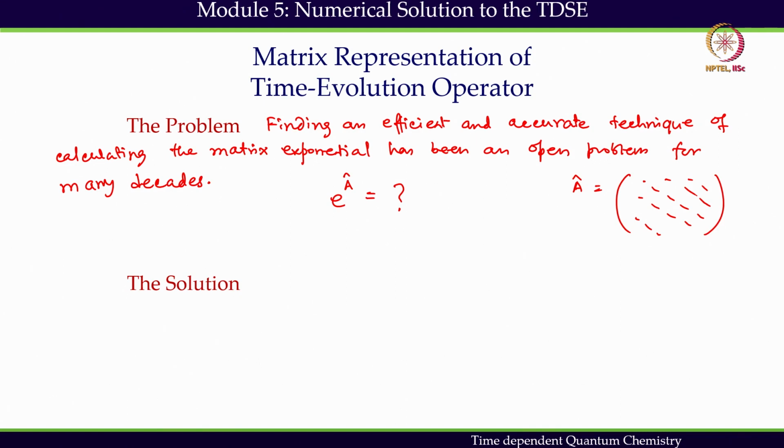is heavily simplified if the matrix is diagonal.